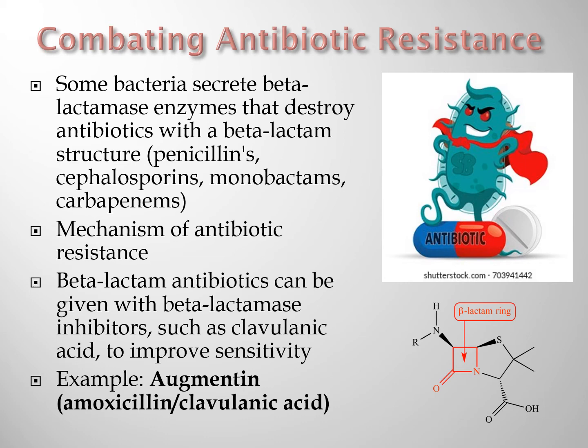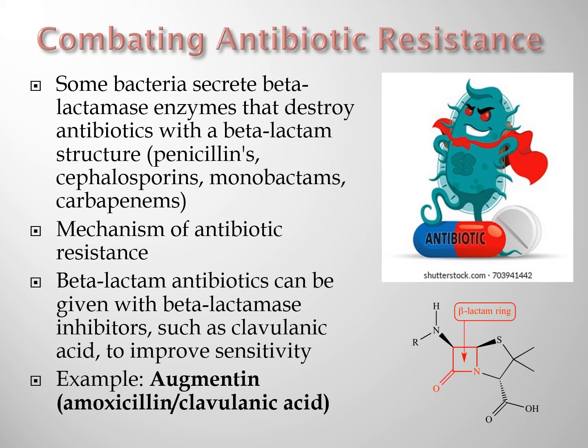And these are called beta-lactamase inhibitors, or beta-lactam inhibitors. So one of them is clavulanic acid. So if you look at the bottom, what is Augmentin? Well, it's just amoxicillin, which is a penicillin, plus the clavulanic acid. Okay, and what does the clavulanic acid do?